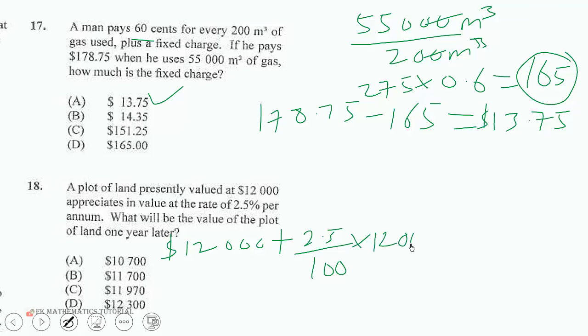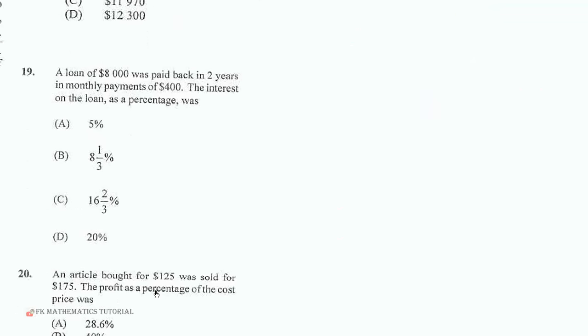So 120 times 2.5, that will be 60 times 5, that will be 300. So this will give you 300. So that will be 12,300. So the answer is option D.